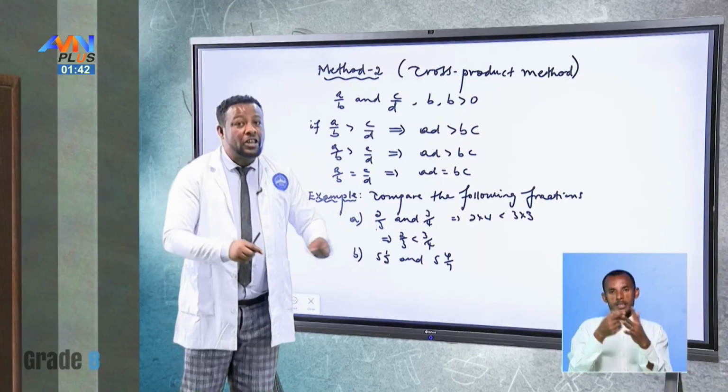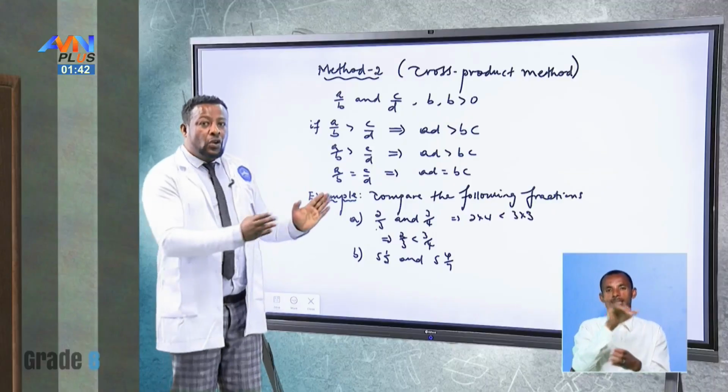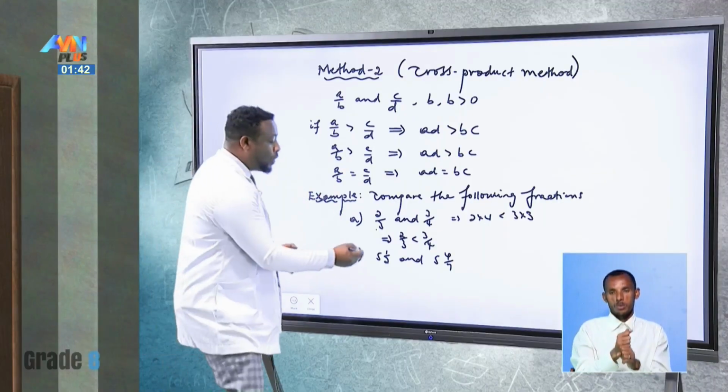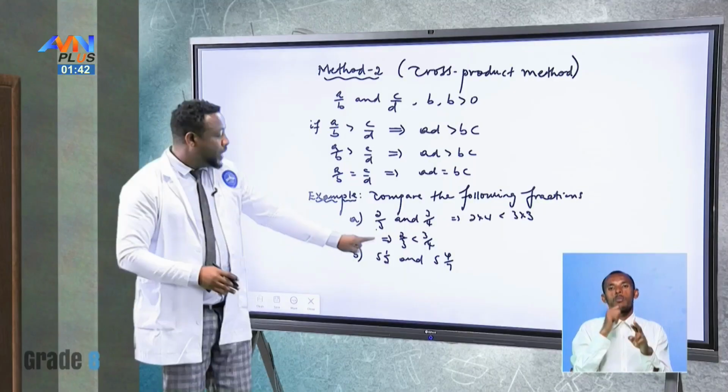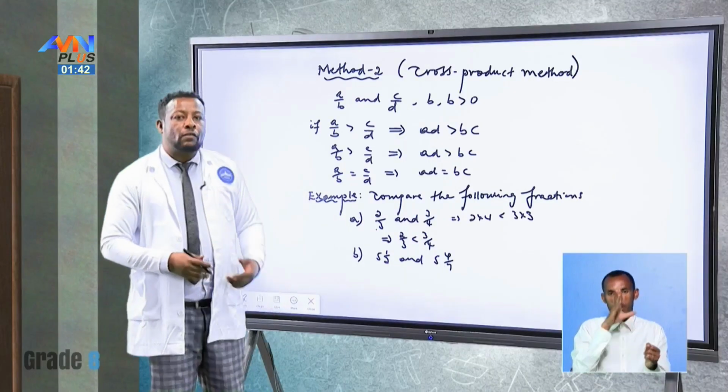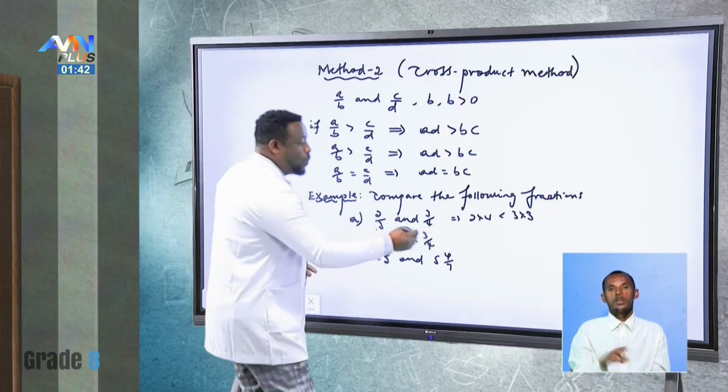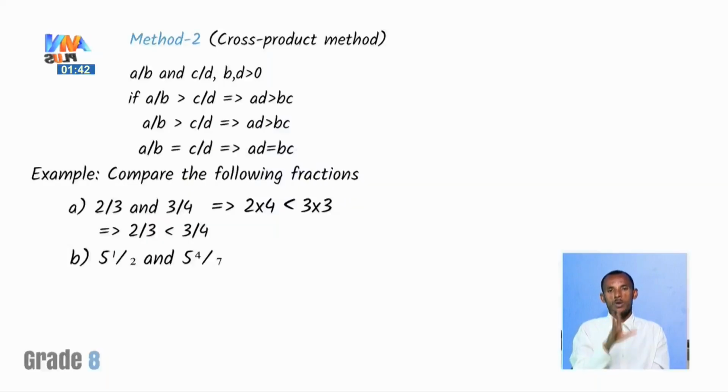Since their integer parts are the same, we don't need the integer part. We take only the fraction part, 1 over 2 and 4 over 7, and take the cross product.